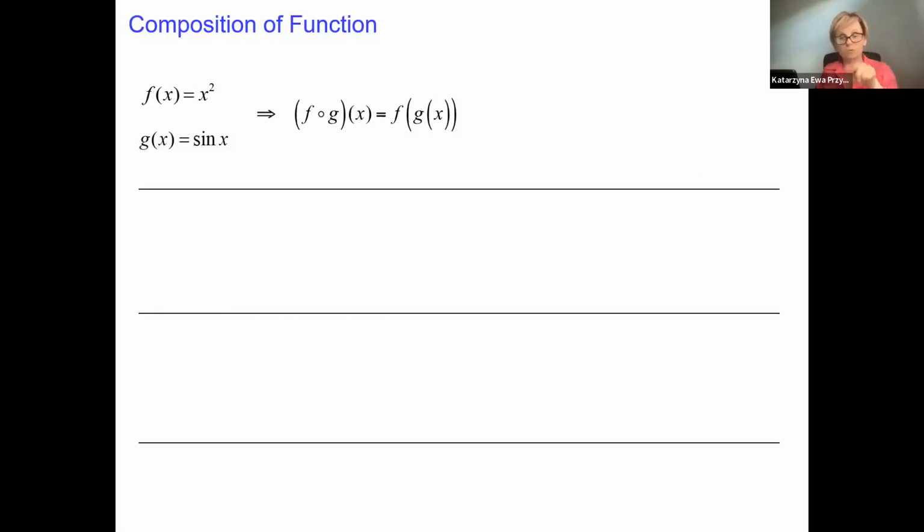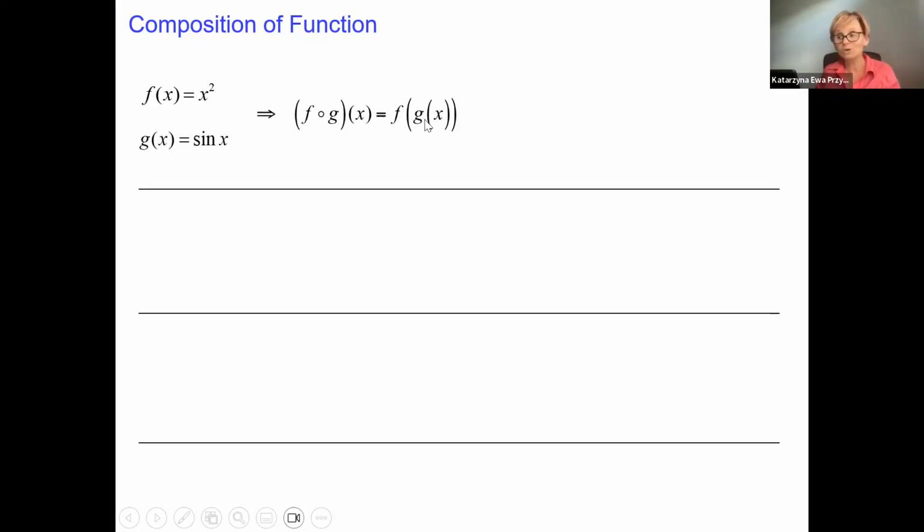This is still algebra, pre-calc, but if we identify the outer and the inner function, then we will have no problem getting the derivative, because that's the point. F is the outer function, that means x squared is the outer function.